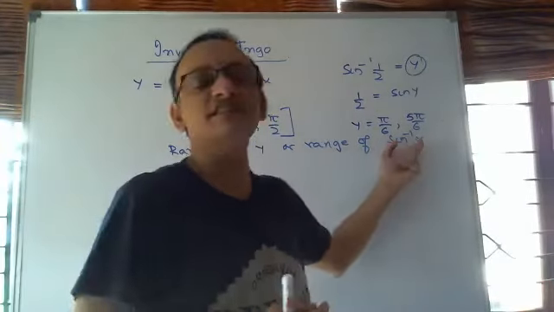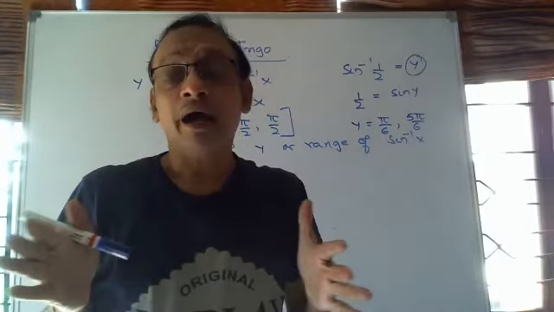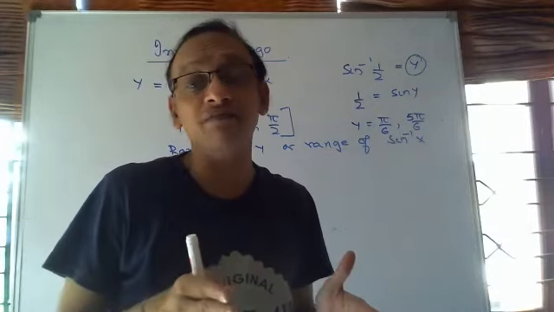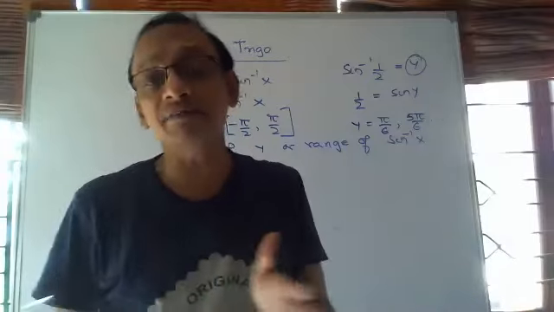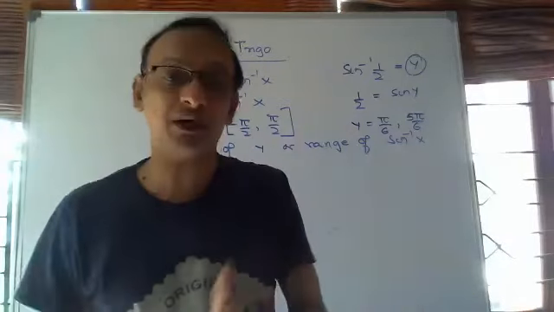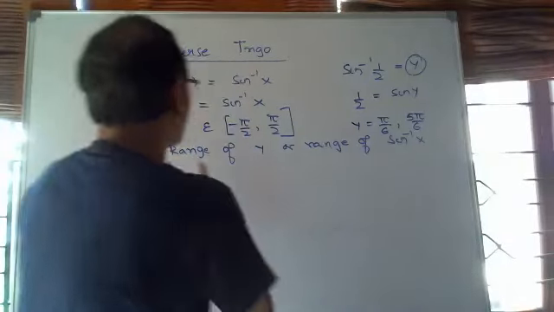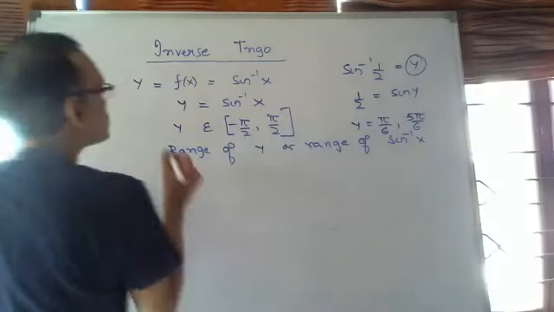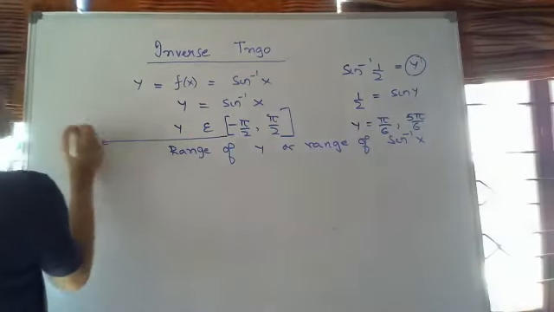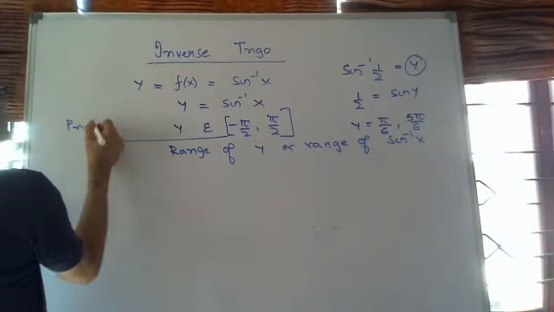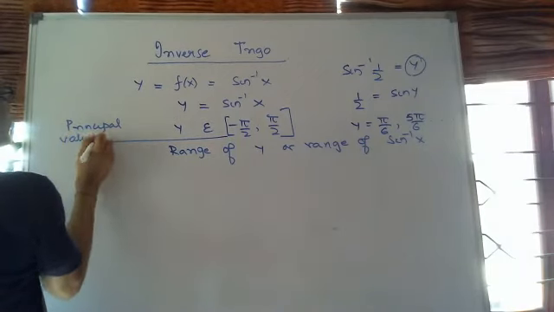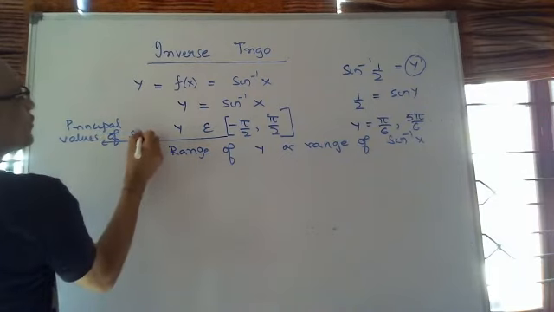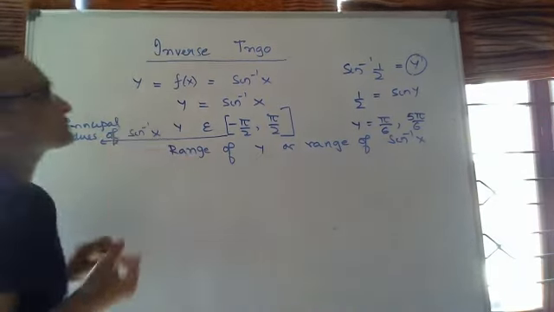By construction, for sine inverse x, I'll only try to find those angles, y's, that lie in the interval minus pi by 2 to plus pi by 2. This range of y is called the principal values of the function sine inverse x.